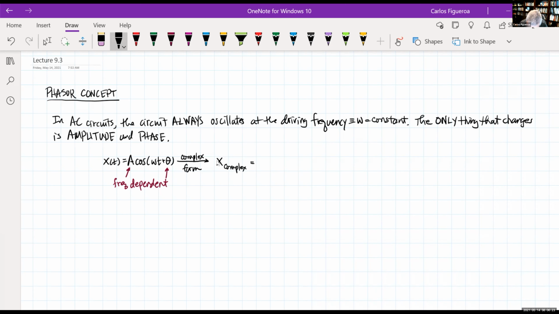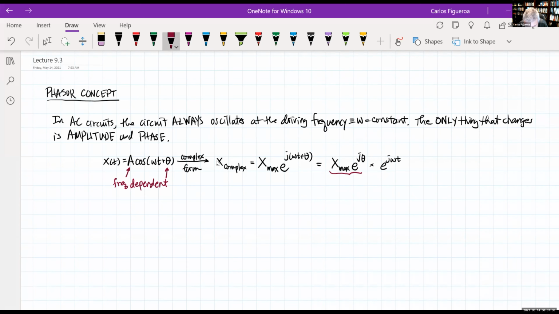In polar form, we're going to have some amplitude, which I'll call the maximum amplitude of whatever that quantity is, and then e to the j omega t plus theta. When you look at this, I can separate it into the amplitude and phase part times e to the j omega t.